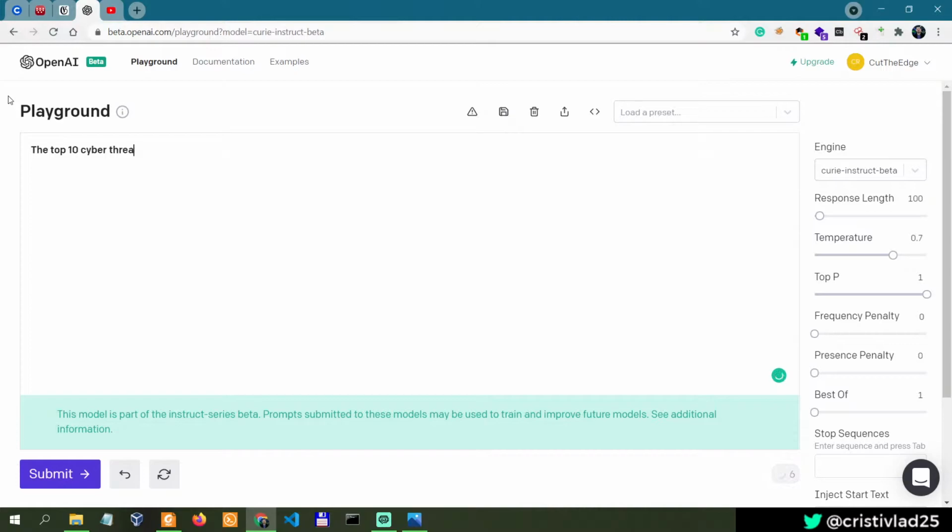The top 10 cybersecurity vulnerabilities of a website. Let's actually set the temperature lower here, and leave the instruct beta engine on.